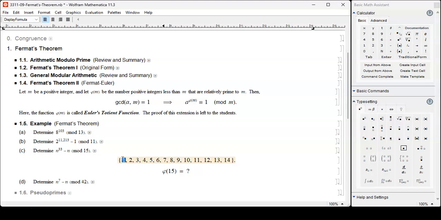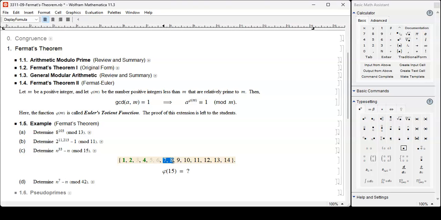This is okay. And then that's okay. And 3, no. And that's okay. 5 and 6, no, they are not relatively prime.